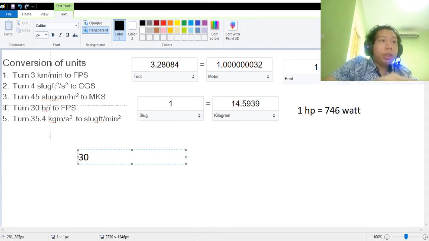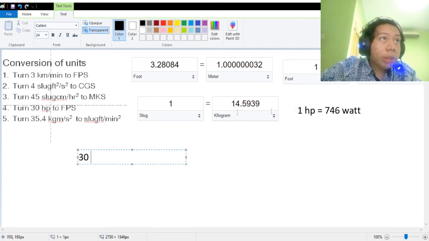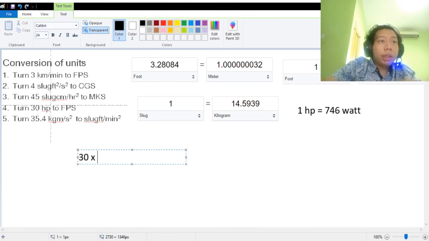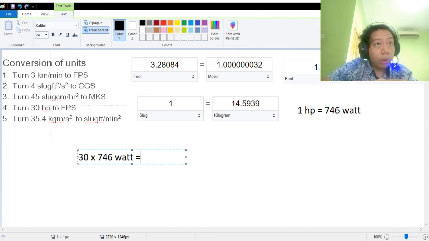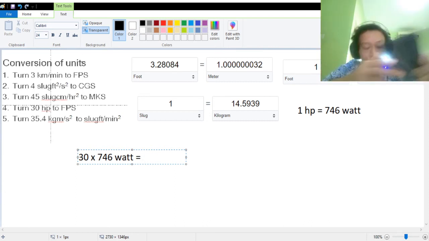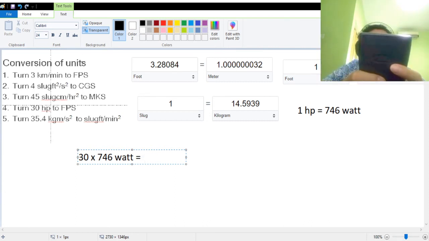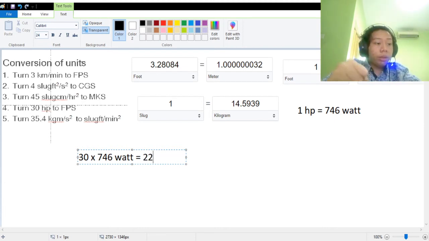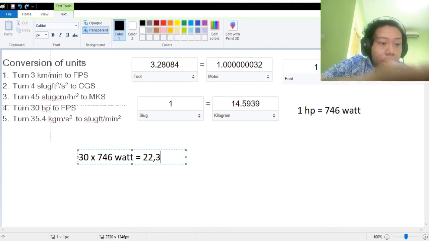We need to convert HP to watt first. So 30 times 746 watt, and it is 22,380 watt.